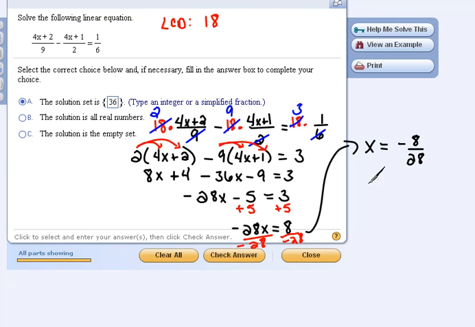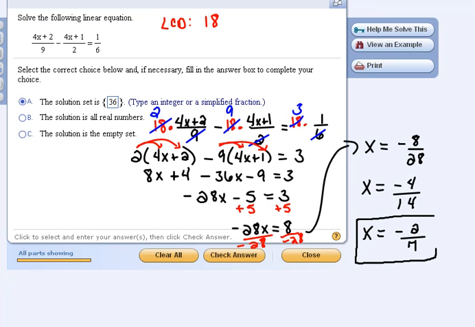Now when we simplify that, because those are both even numbers, I know at least 2 will go into them both. 2 will go into the top 4 times, and into the bottom 14 times. Here again, this will reduce down even more. 2 will go into the top 2 times, and into the denominator 7 times. So we think our answer should be x equals negative 2/7.